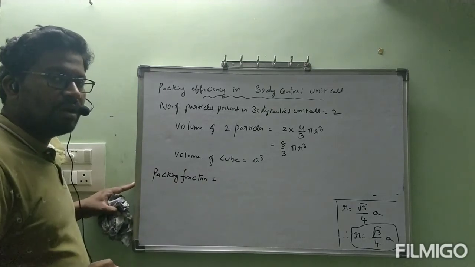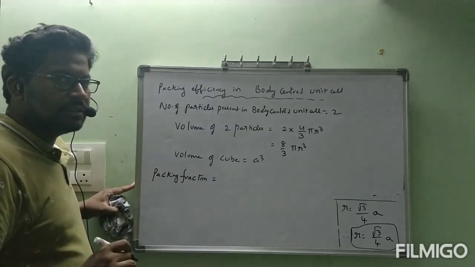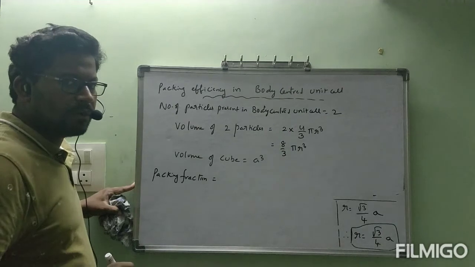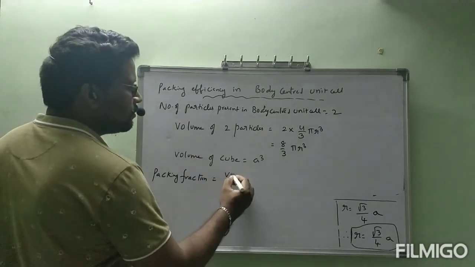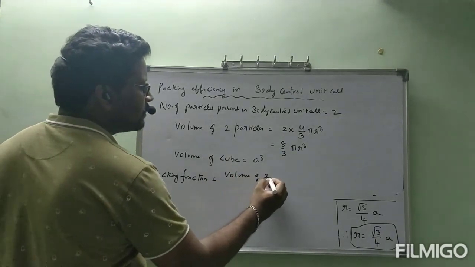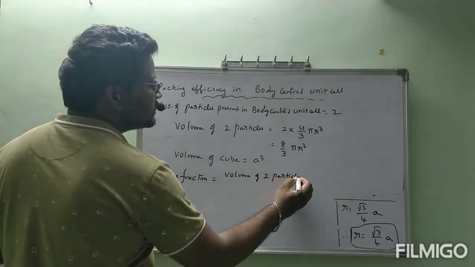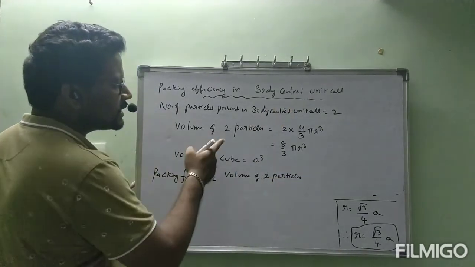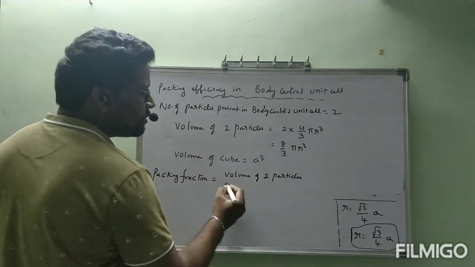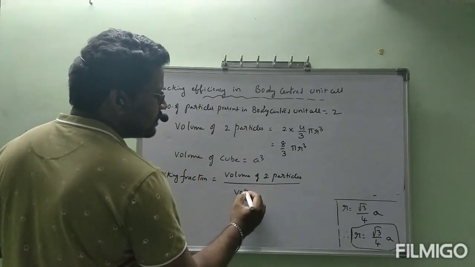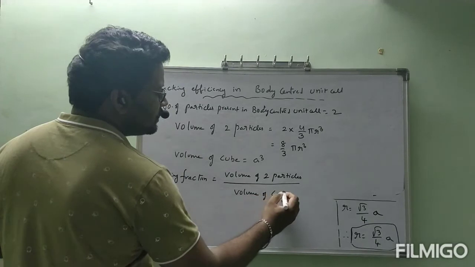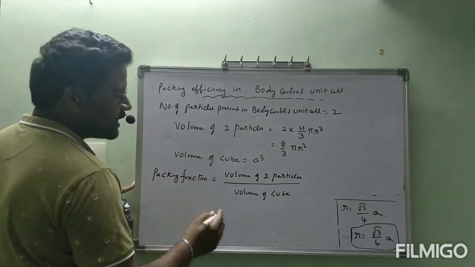Yesterday what did we write? Volume of total number of particles present in that unit cell divided by total volume. Like this here also, volume of 2 particles, because in body centered unit cell how many particles are there? 2 particles. So volume of 2 particles divided by volume of cube is called packing fraction.